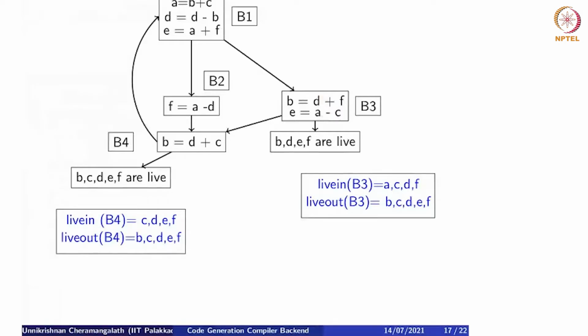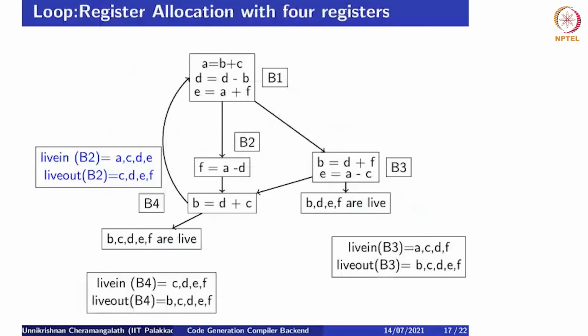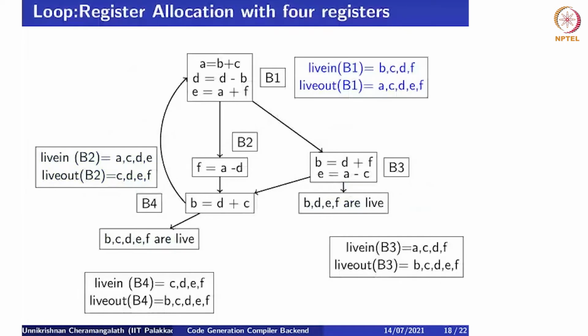Then what about live in of B2 and B1, the live in of every variable? Live in of B1 is ACDF, live in of B2 is ACDE, live out is CDEF. I hope the values are correct.